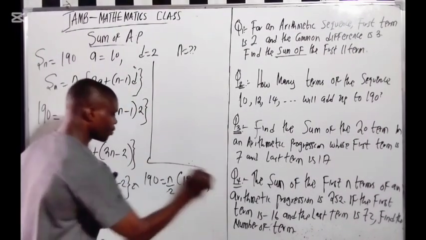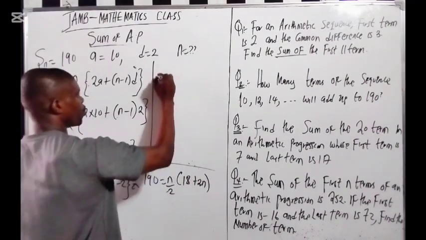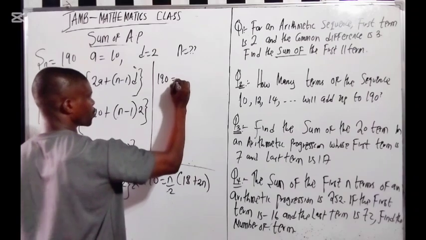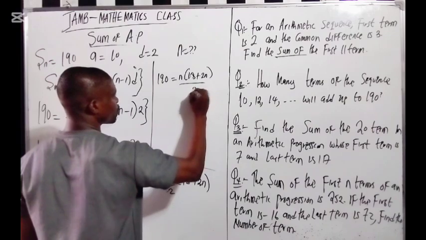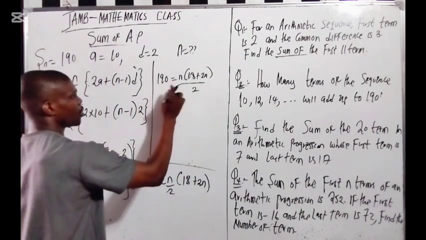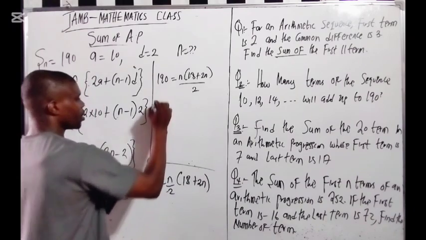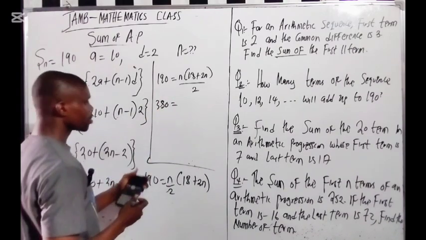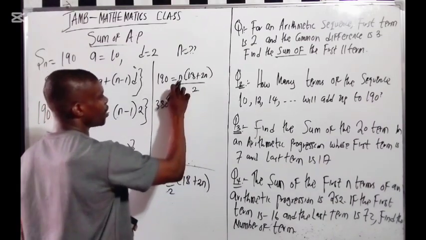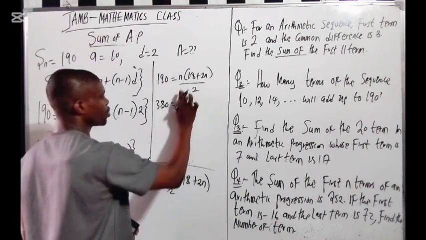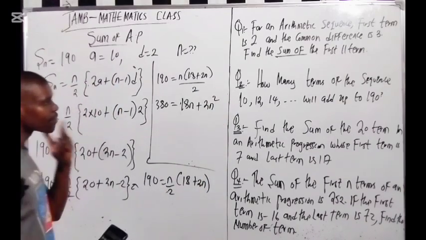We have 190 equals n times (18 plus 2n) over 2. When you cross multiply, 190 times 2 gives 380, equals, if you open the bracket, 18n plus 2n squared.